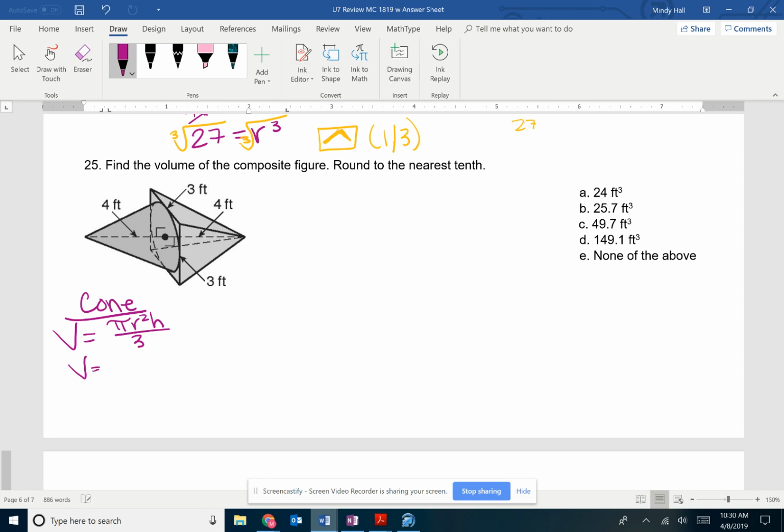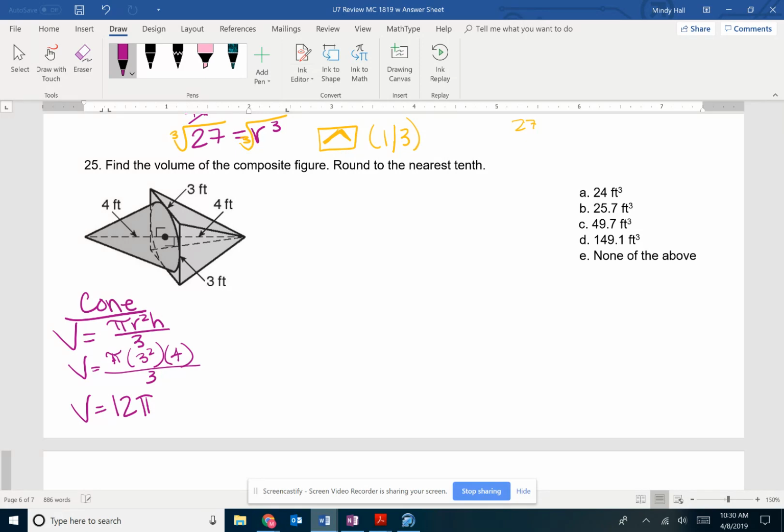So my radius, even though it's not directly labeled, this cone is just as wide as the square, so my radius is going to be 3. So we have pi times 3 squared times height, which is 4, divided by 3. 3 squared is 9, times 4 is 36, divided by 3 would give me 12 pi.